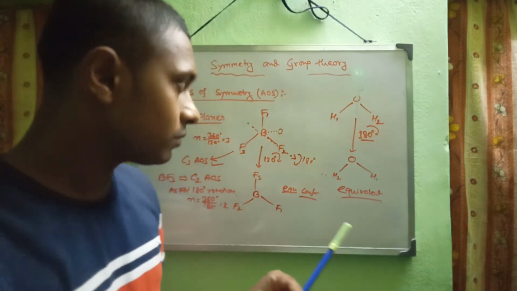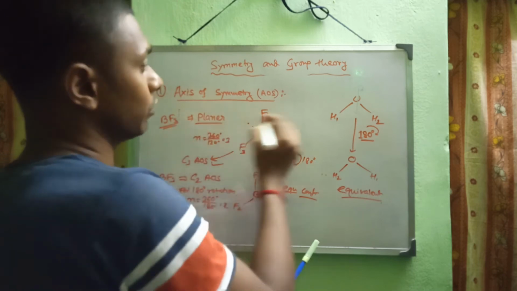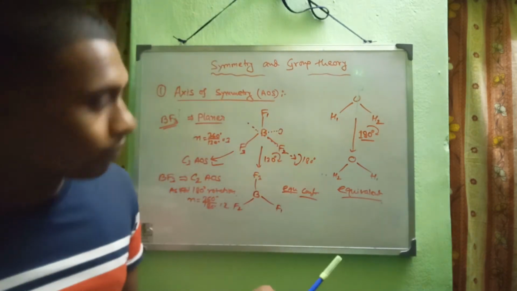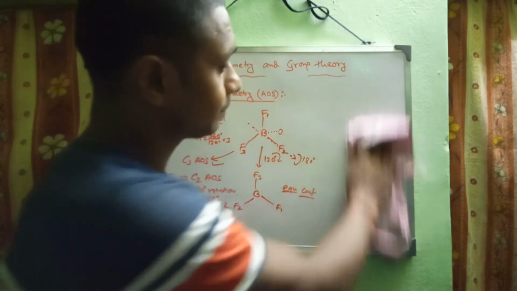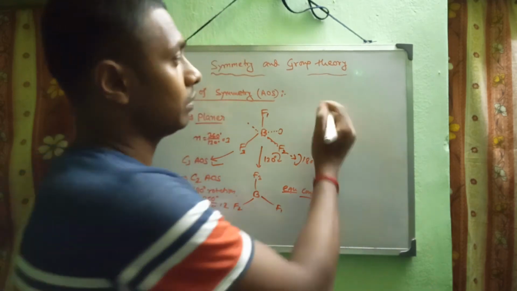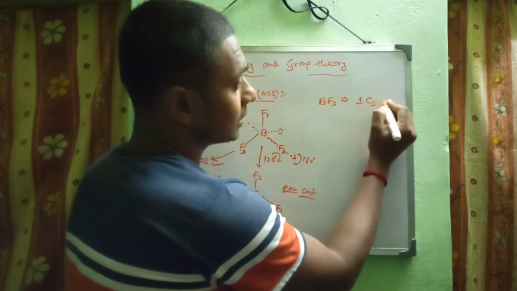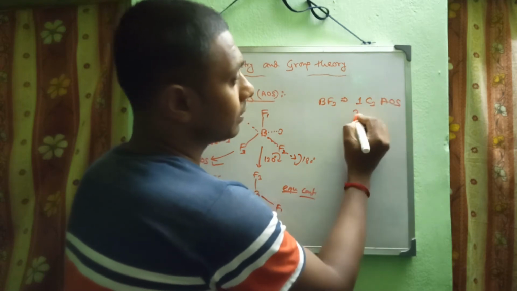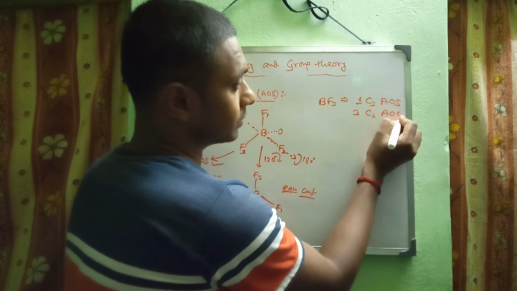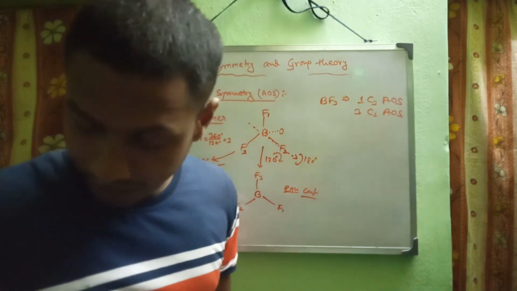Now the BF3 molecule has one C3 axis of symmetry and 3 C2 axes of symmetry. Clear?